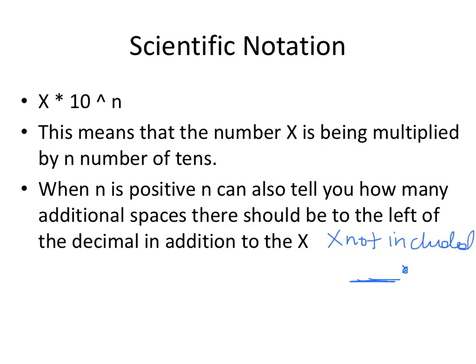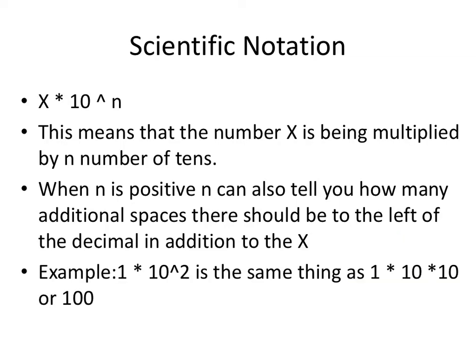So for positive scientific notation, you don't include the x in your count. If you have 1 times 10 to the second, that's the same thing as saying 1 times 10 times 10, or 100. If you think about our decimal being here, the 2 means that there needs to be 2 spaces between our x and the decimal. That's what those 2 zeros are.